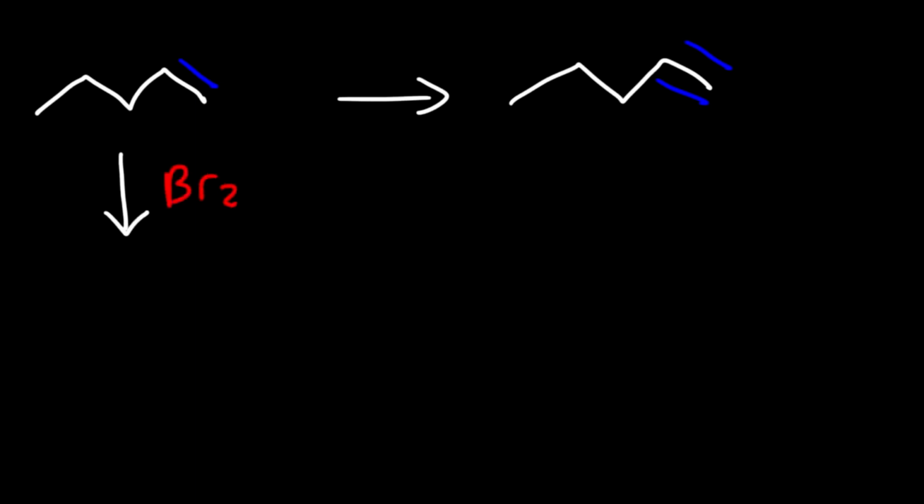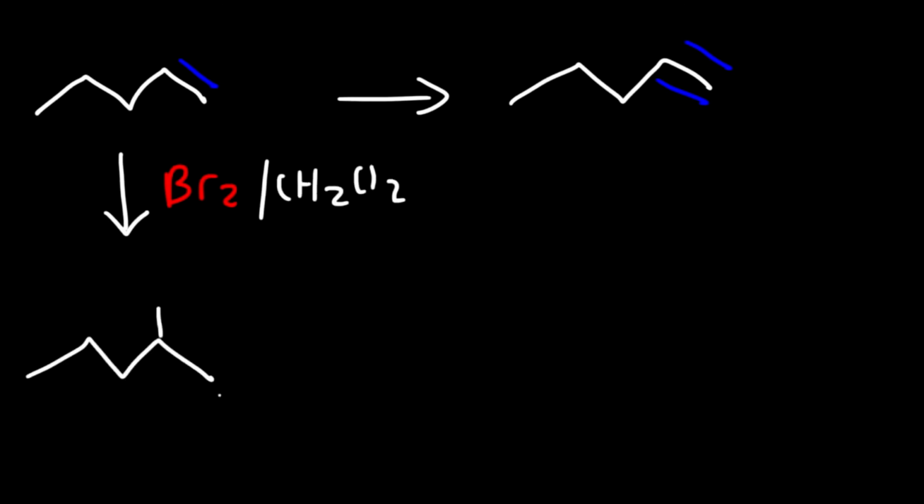Now, how can we convert an alkene into an alkyne? What reagents do we need to accomplish that transformation? Feel free to pause the video and try it. So what I would do is use bromine and dichloromethane, CH2Cl2.